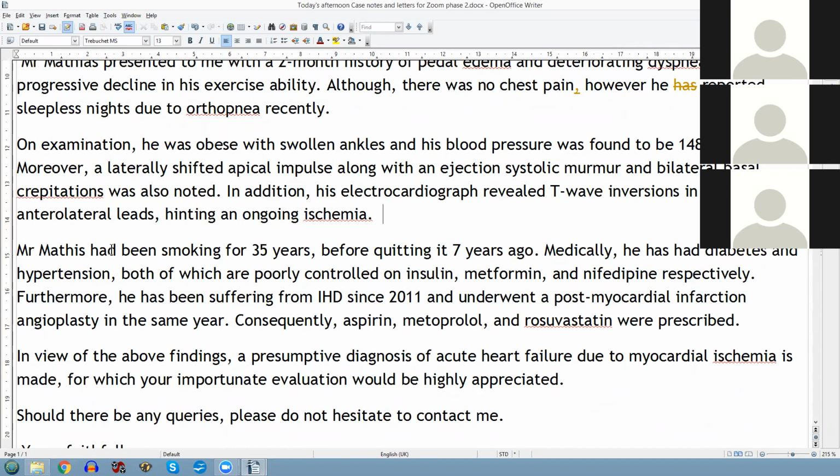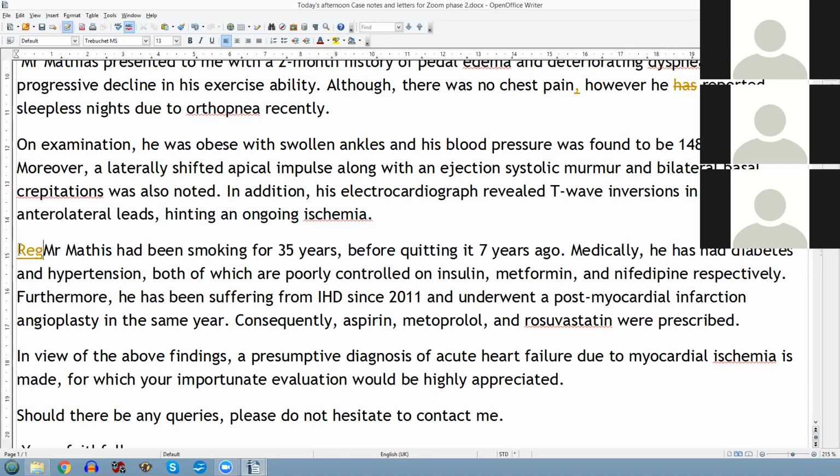Medically, he has. So instead of just saying that, I would use an introductory expression, such as in terms of his social and medical history, for your information or something. You know, it's a marker, it's a signpost for the reader, and it breaks the letter up into different sections, which is always a good idea.